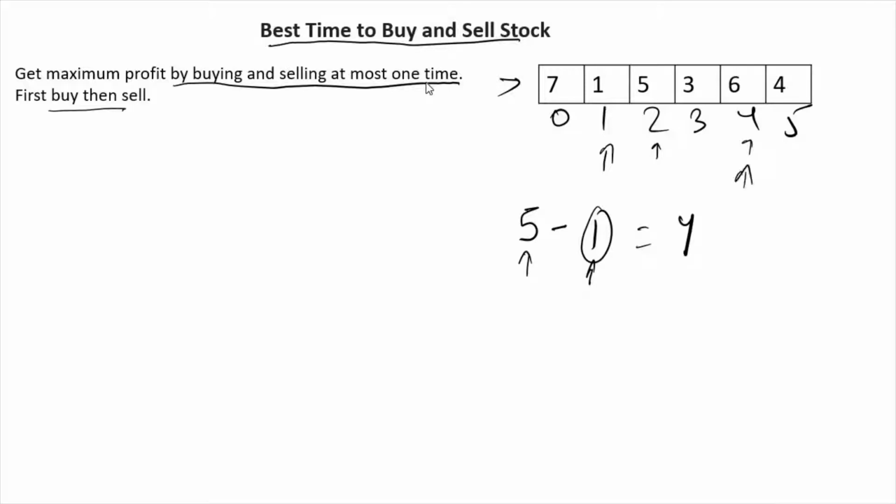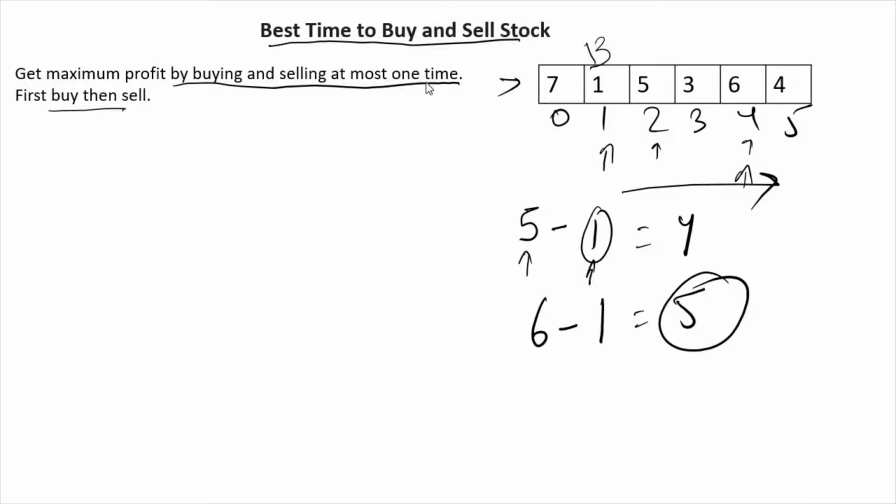Similarly, when we sell on the fourth day, the price is 6 and we bought at 1, so our profit will be 5. So we can see our maximum profit can be 5, by buying on the first day at 1 and selling on the fourth day at 6 rupees.